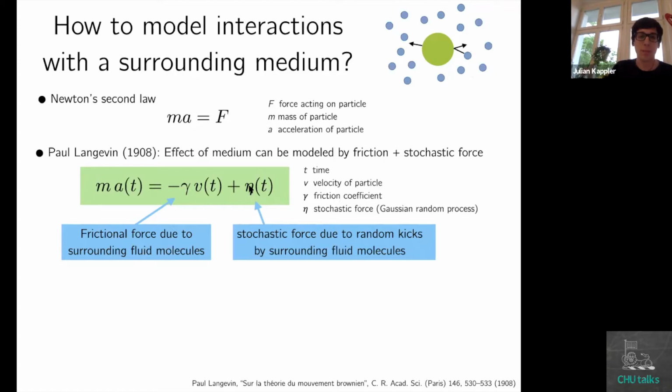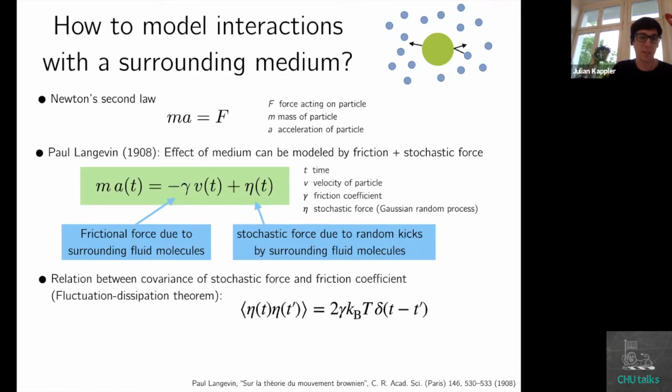And we assume that the strength of these random kicks is Gaussian and that they are uncorrelated in time. And this is quantified here in something called a fluctuation dissipation theorem, which says if you take the random kicks at one time and another, then if the times are unequal, this delta function is 0. Then the random kicks are uncorrelated.